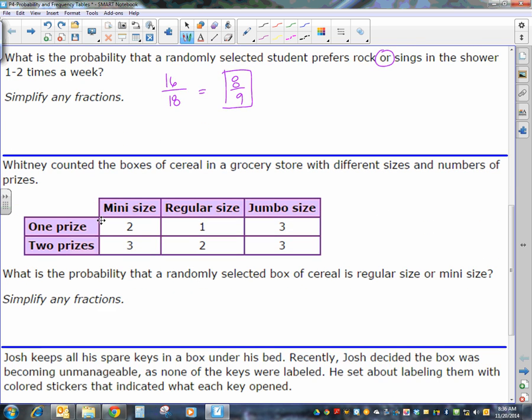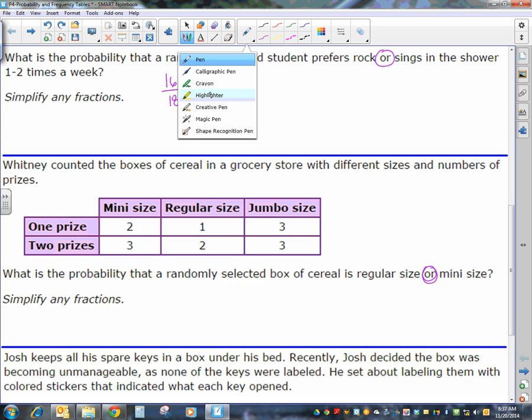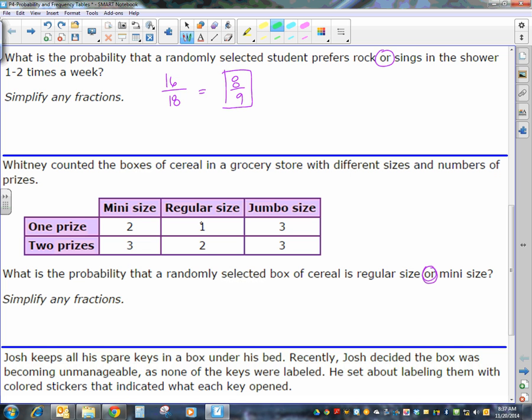Okay? Whitney counted the boxes of cereal in a grocery store with different sizes and number of prizes. What is the probability that a randomly selected box of cereal is regular size or mini size? Okay, again, it's or. So regular size, let's go look at that. Which one's my regular size? This is regular size or mini size.